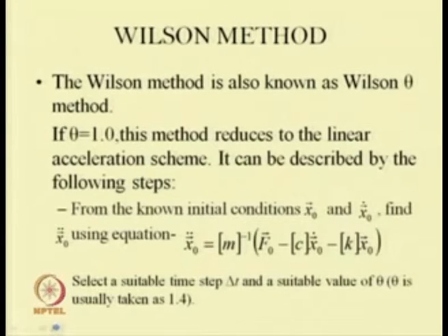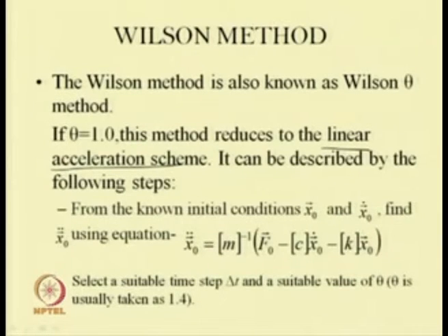So, let us see another method, that is the Wilson method. In the previous method we have taken one initial condition. Here in the Wilson method we are assuming a linear acceleration scheme, that is, the acceleration is linear between two different points.